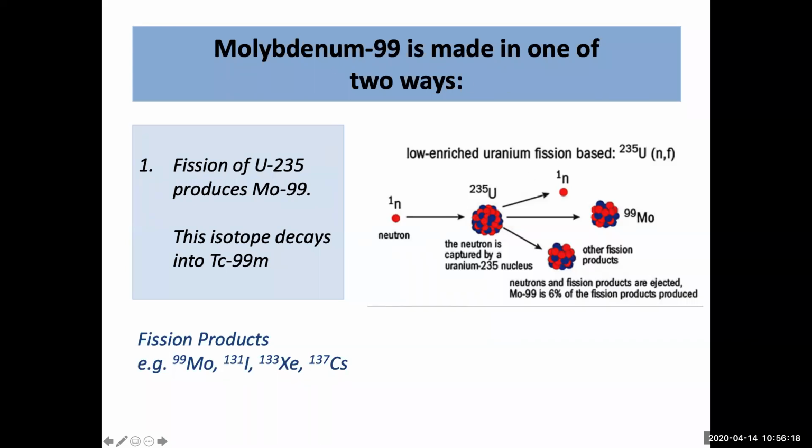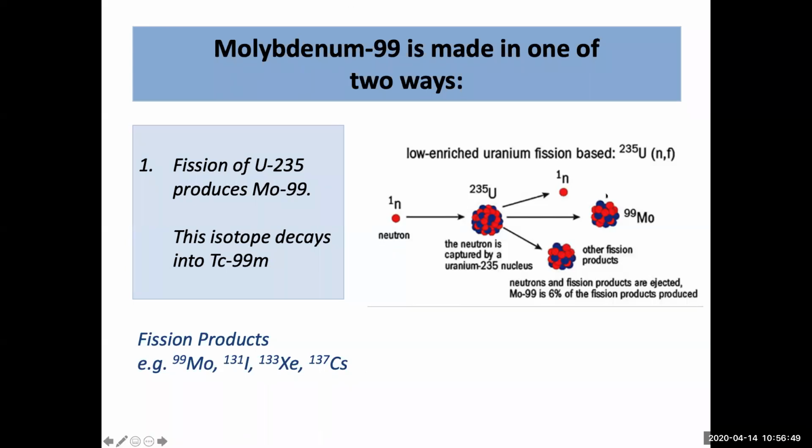The fission of uranium-235 produces a spectrum of fission products, including molybdenum-99. This isotope decays later into technetium. The neutron in the reactor hits the uranium-235 nucleus and produces fissions. These fission products include molybdenum-99, and also iodine-131, xenon-133, cesium-137.